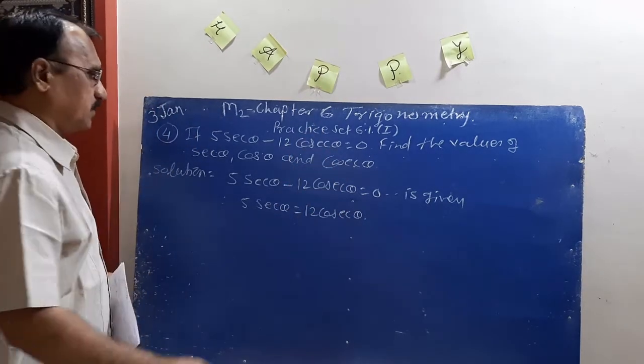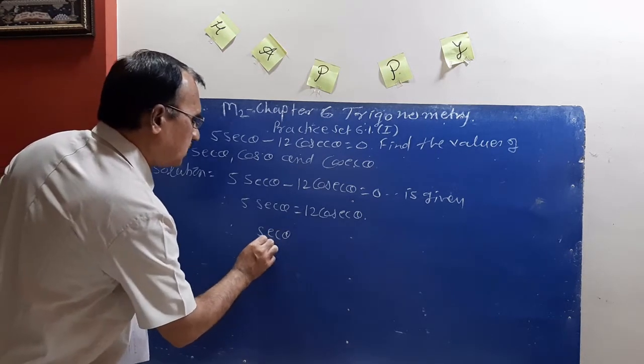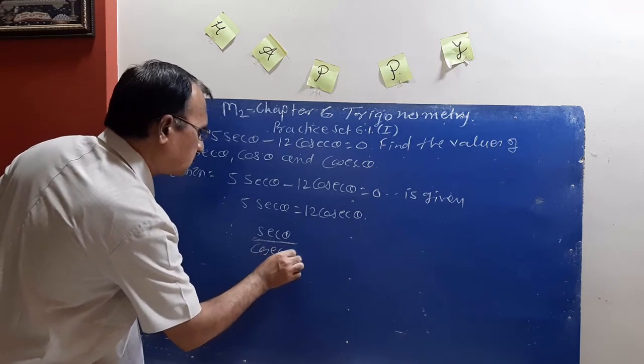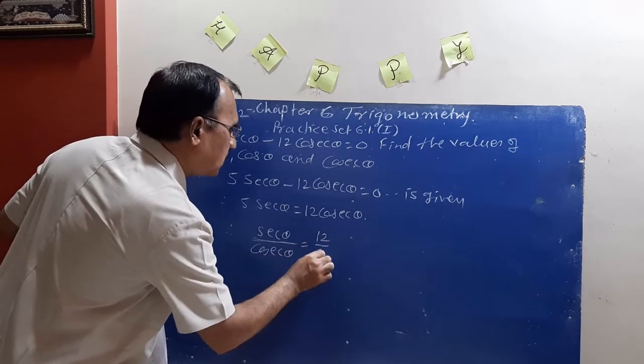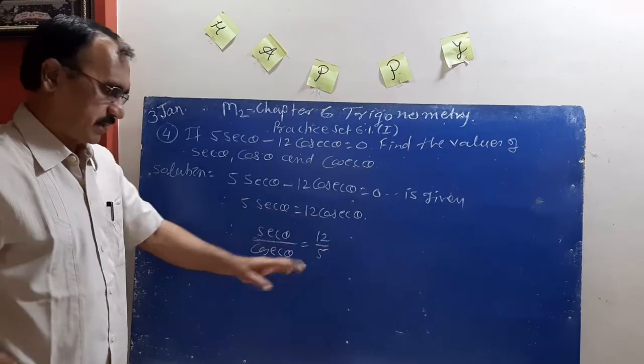Now sec theta divided by cosec theta is equal to 12 upon 5. Take cosec on this side and take 5 on that side.